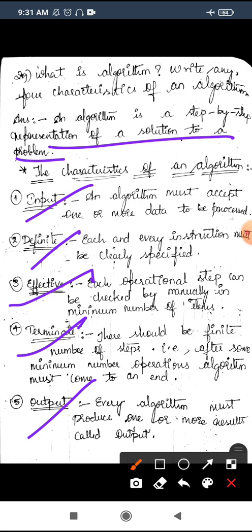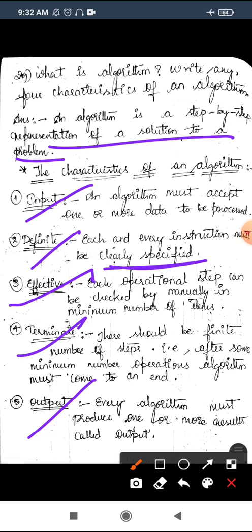So all algorithms will have one or more inputs to be processed. Definite means all the steps in the algorithm must be clearly specified. So without any confusion, all the steps must be clear.